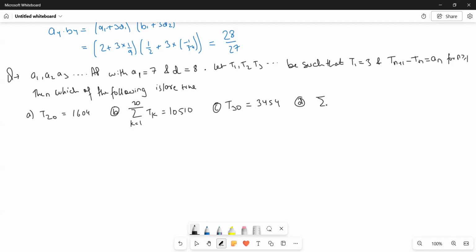Option D, summation k going from 1 to 30 Tk is 35610. This question is from Advanced 2022. काफी recent का question है.